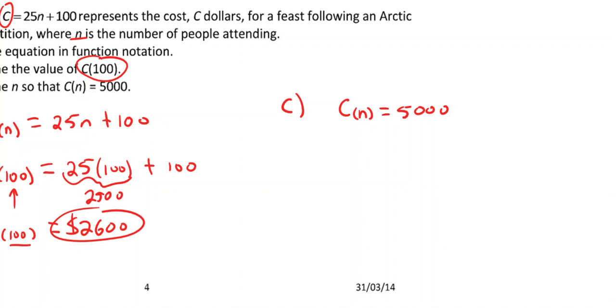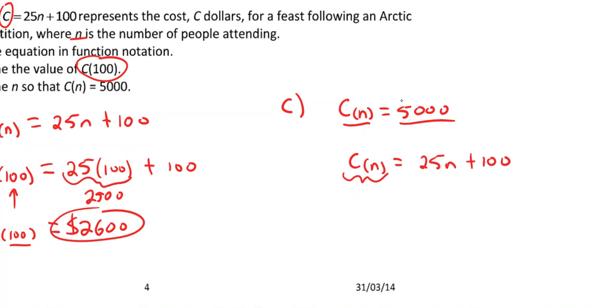Good. Just to get to that point, let's rewrite this out again. This was C of N is equal to 25N plus 100, right? Okay, so now C of N was equal to 5,000. So that means C of N would be 5,000. That's my output.